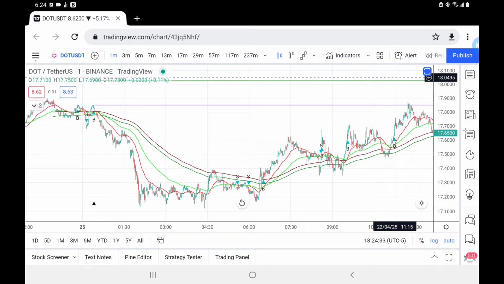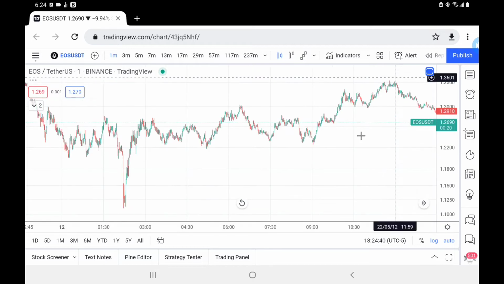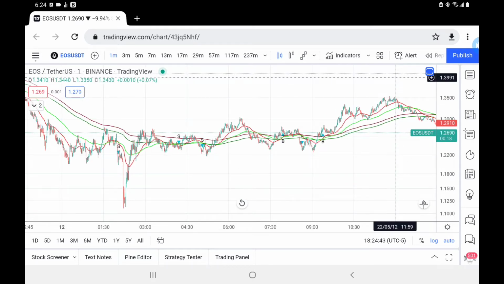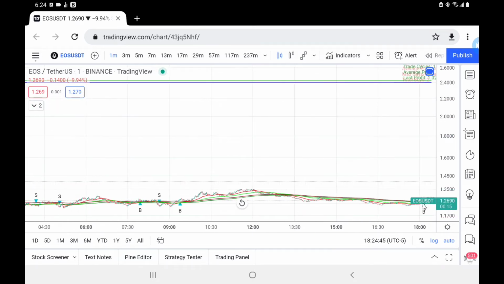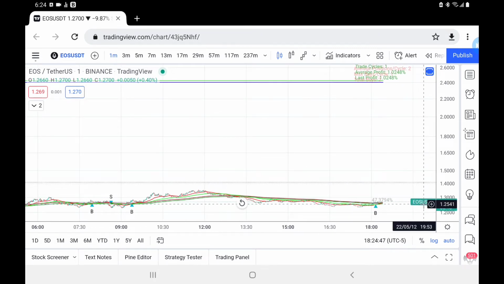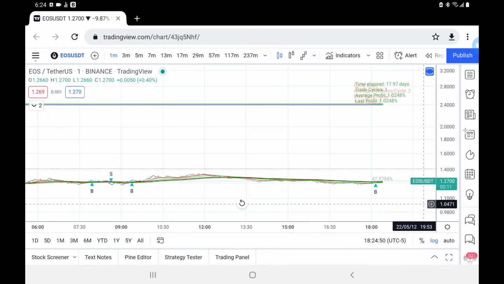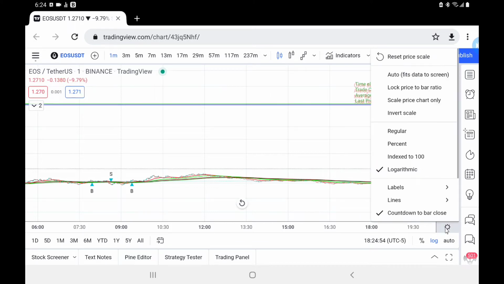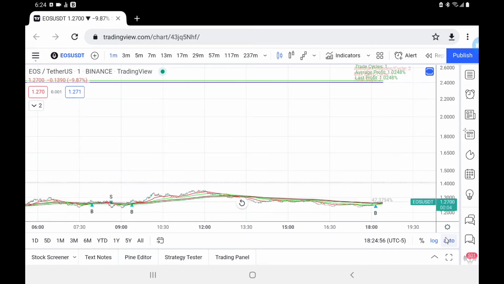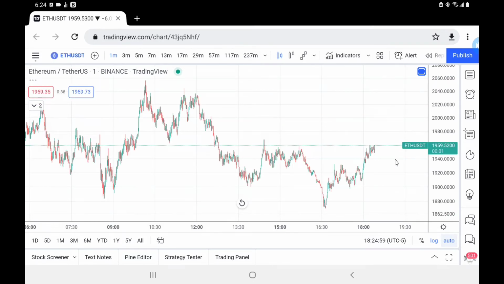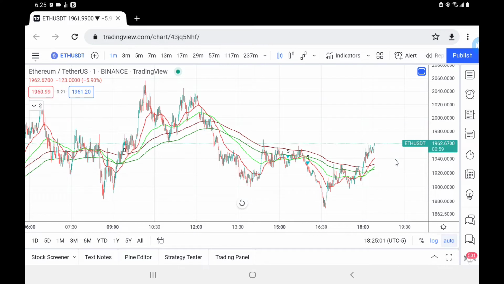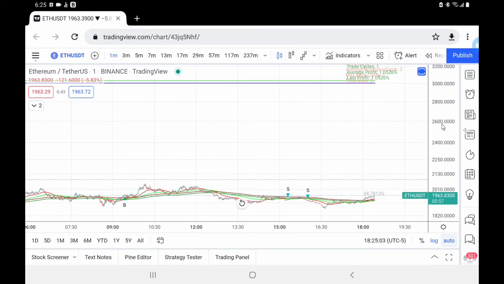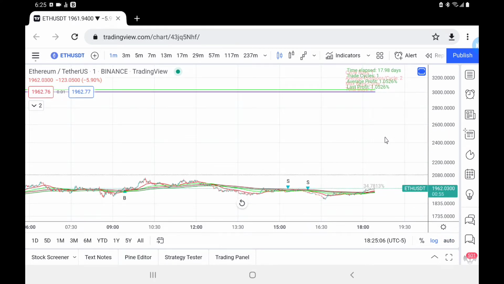That could be good or bad. Only you can decide that with your risk assessment. I personally like it because I have found it simply does a good job. I'm going to post this link so you can look at it on your own. But I want to go through some of these coins and show you really just how nice this recipe is.